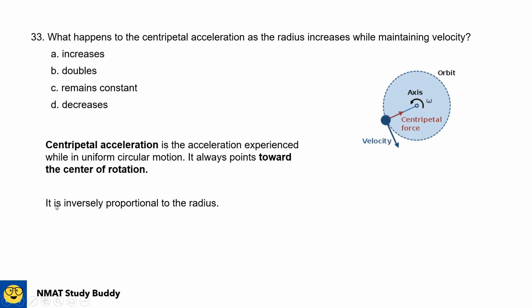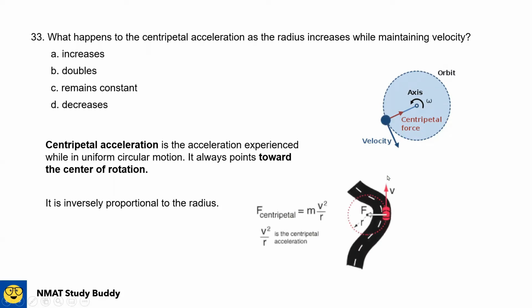Tapos sabi, yung acceleration daw is inversely proportional to the radius. Ibig sabihin, pag mas lumalaki yung radius na iniikutan ng object, mas lumiliit yung centripetal acceleration. And as you can see here, yung formula for the centripetal acceleration is equal to the velocity squared over the radius.